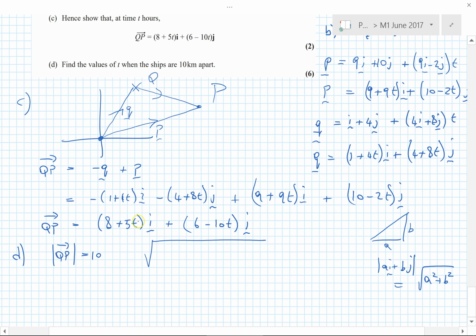So we have 8 plus 5t squared plus 6 minus 10t squared is equal to 10 squared.